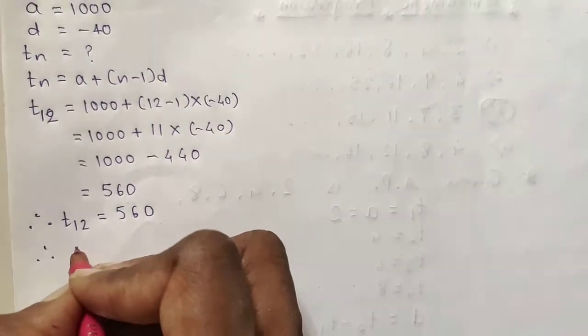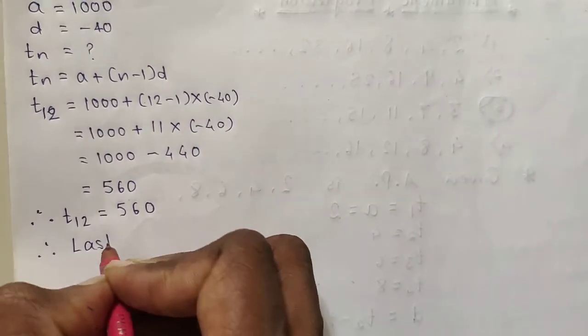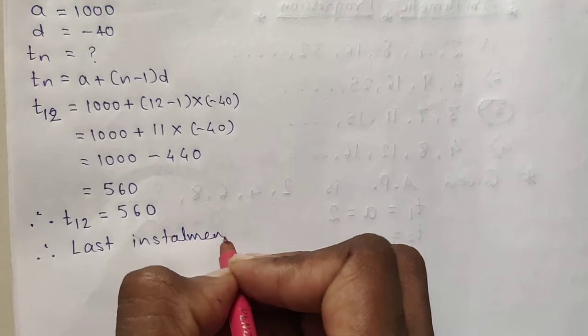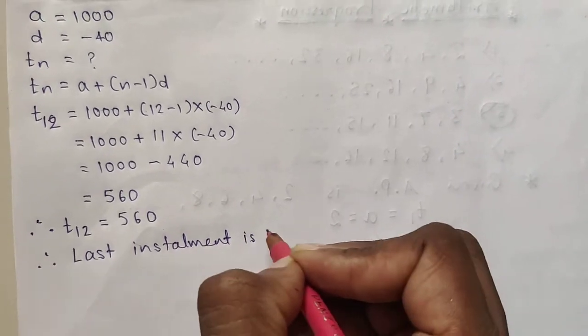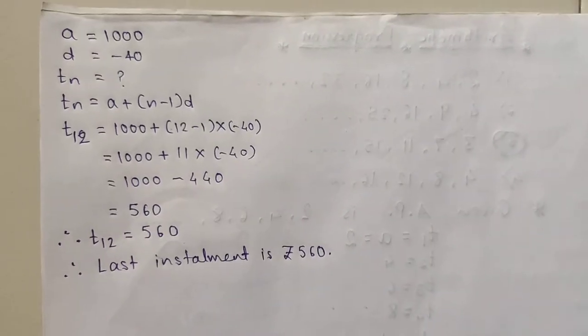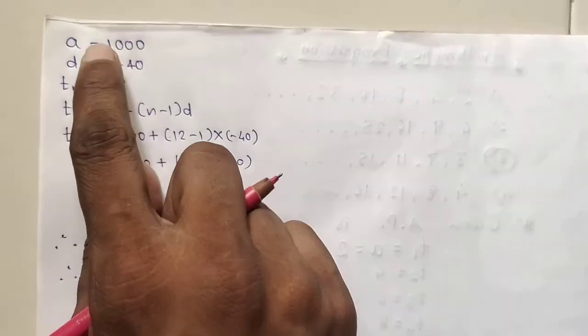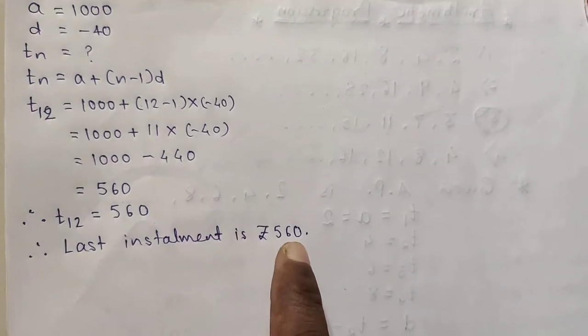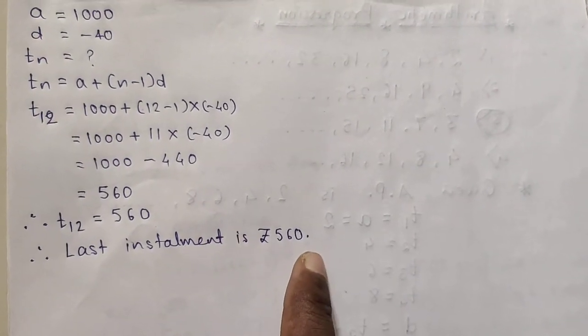So let us write the final answer, that is last installment is rupees 560. Okay, so we got first installment as 1000 rupees and last installment as rupees 560.